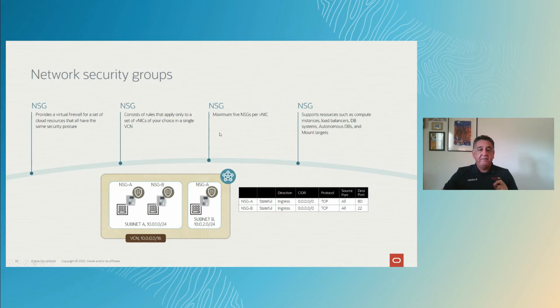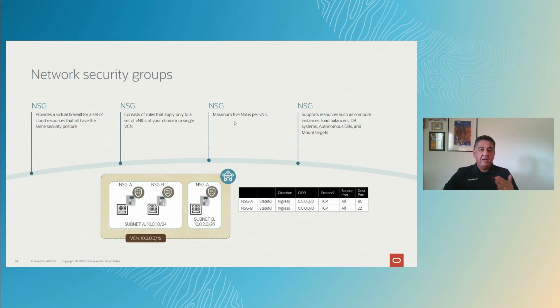Now, you can have a maximum of 5 network security groups per VNIC. And you can mix network security groups and security lists as you wish. If you decide to play with stateless rules, you can have the stateless permission for traffic coming in on the security list and the stateless permission for traffic going out on the network security group.